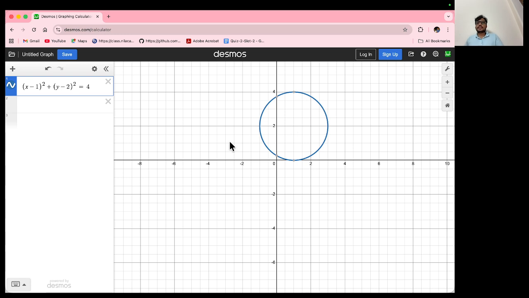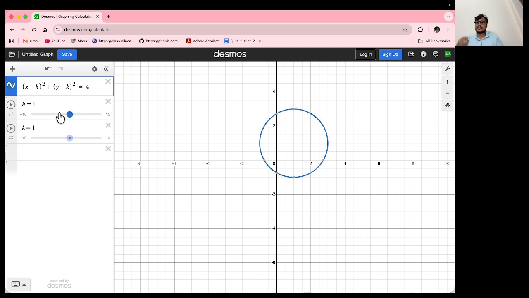If I want some arbitrary origin, then I will have two arbitrary variables, h and k. Here h goes from, let's say, -8 to +8, and k goes from -4 to +4.